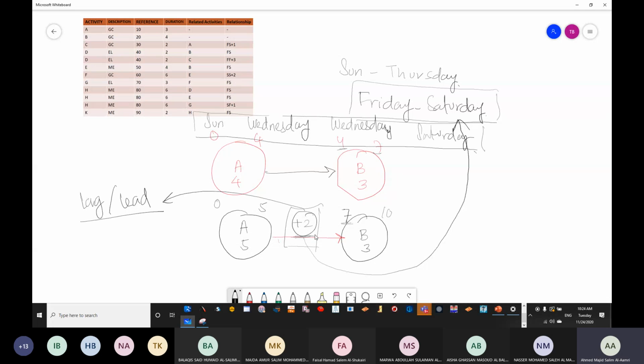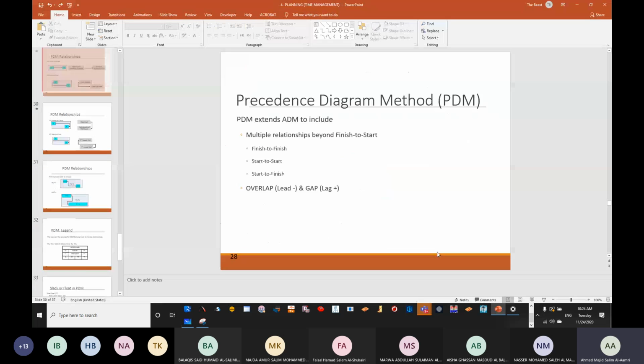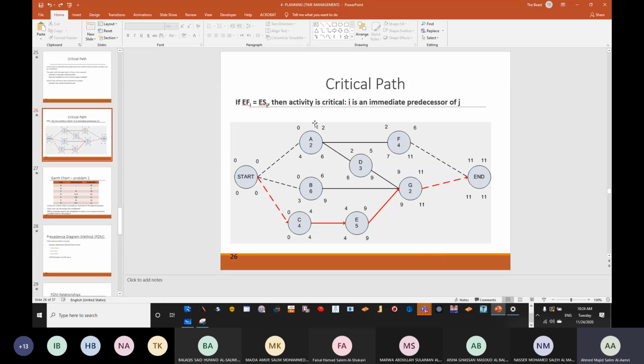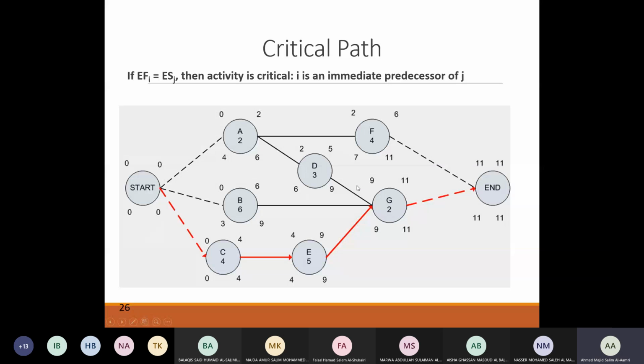Okay. The second disadvantage of the ADM, if you remember, when we solved this particular question, I showed you from the PowerPoint. Now, can you tell me what type of relationships are available between the tasks? What's the relationship between A and F?